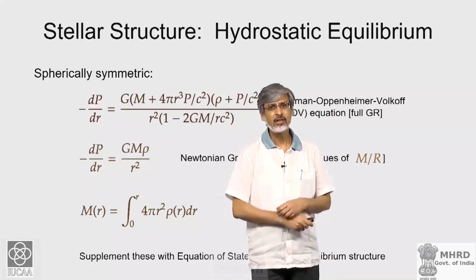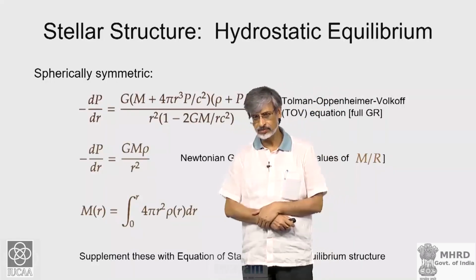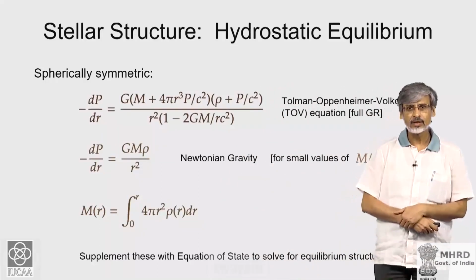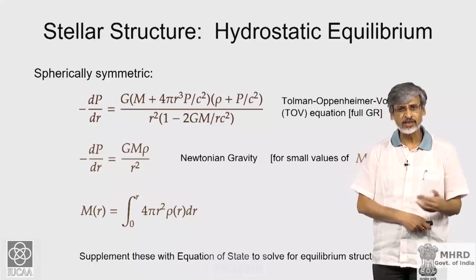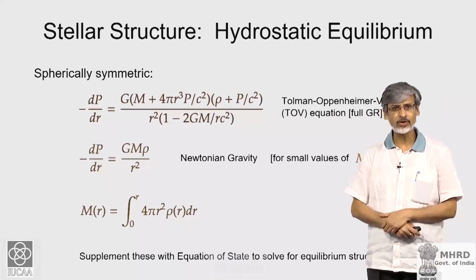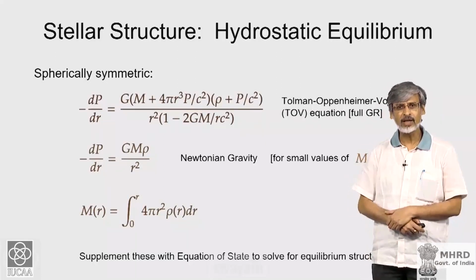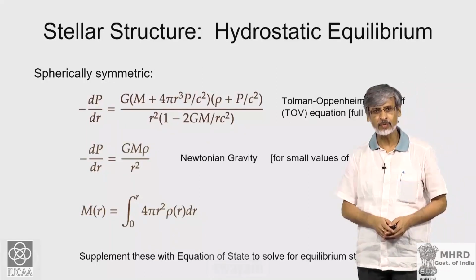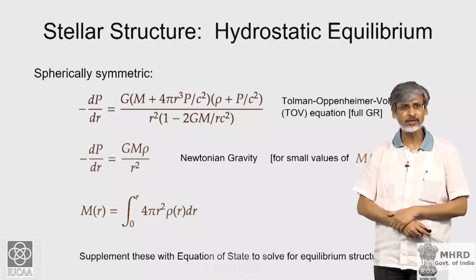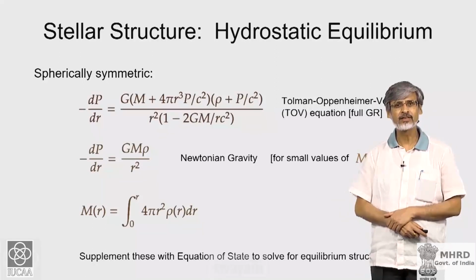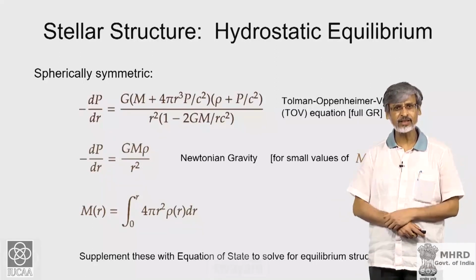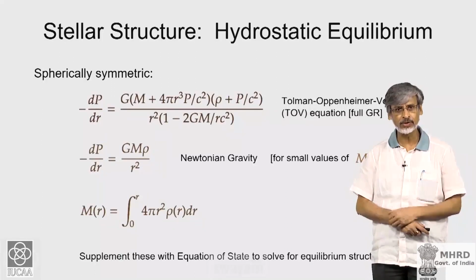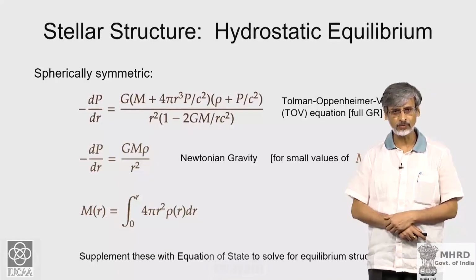So, this gives you the equation of stellar hydrostatic equilibrium, but just by itself this equation cannot be solved. You have to supply it a relation between the pressure which appears on the left hand side and density which appears on the right hand side, and once you supply that, then the system of equations becomes closed and you can solve it.